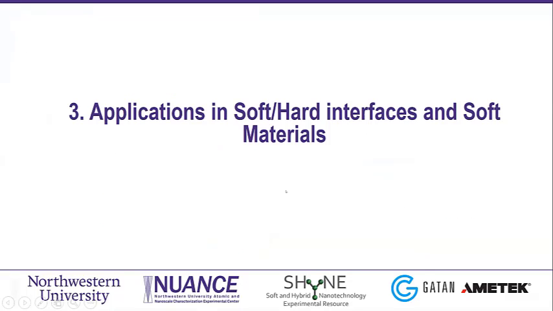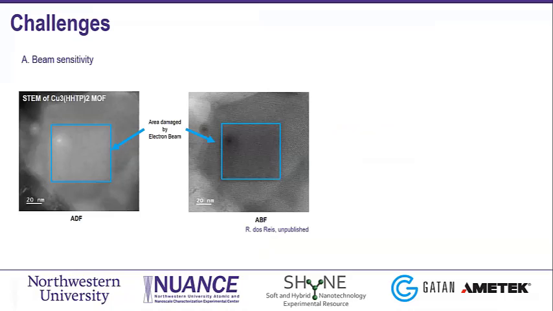So a few applications here that I want to show in soft-hard interfaces and soft materials using direct detectors. One challenge of imaging this type of materials is, first of all, beam sensitivity, right?